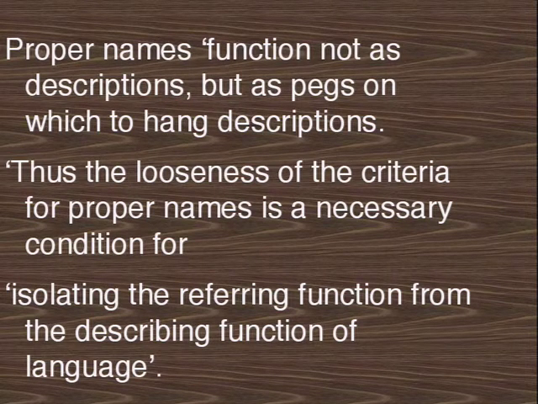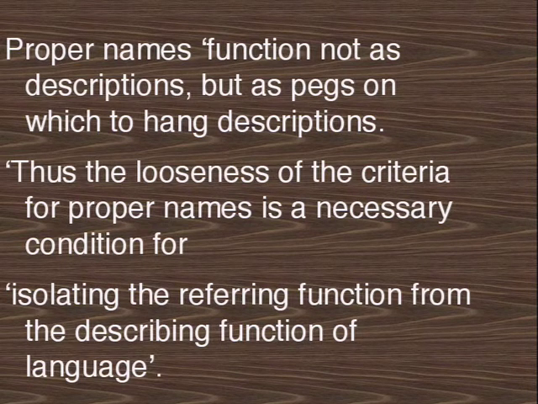You just get this loose collection of descriptions, and you're going to use the name as a peg for that. And so you don't have to make up your mind which description you're going to use. Just as with the table, if we want to give this a name, we don't want to have to decide which take on the table we're going to use the name to express. We just want there to be that broad collection of takes, and whatever's at the other end of them, that's the one we're talking about. That's the one we're giving a name to.